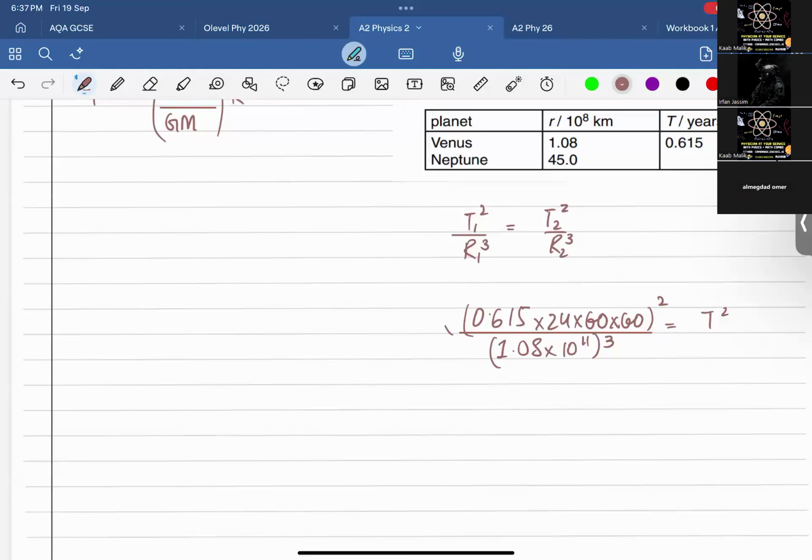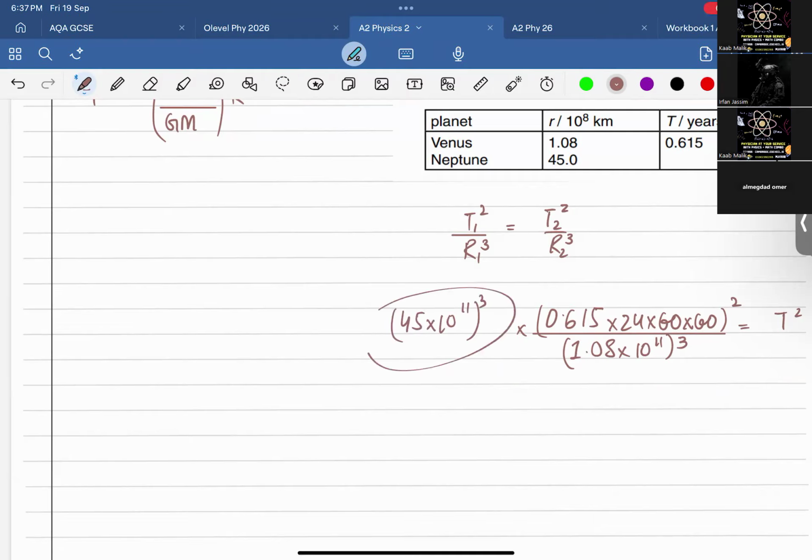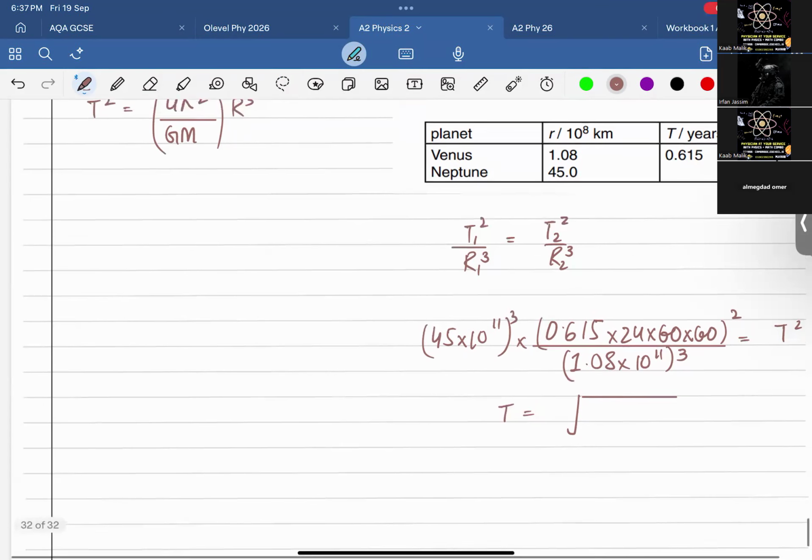If you multiply that by r cube, you'll get what you were finding. The other value is 45 exponent 11, cubed, and whatever the answer, you just need to root it. It is exponent 8 in kilometers, so I convert kilometers into meters by increasing the power to 3, and then I cubed it. Clear?